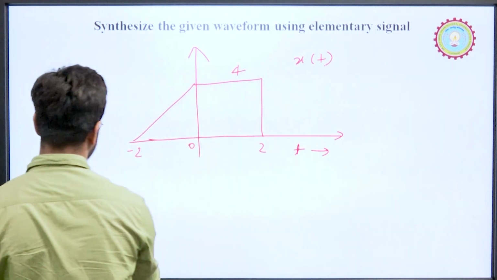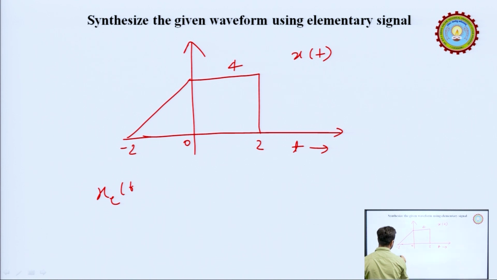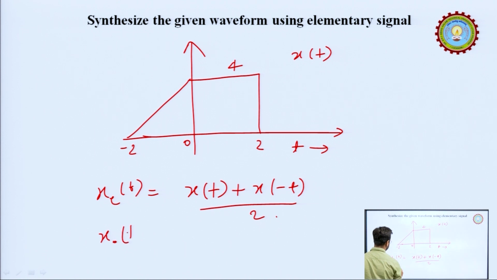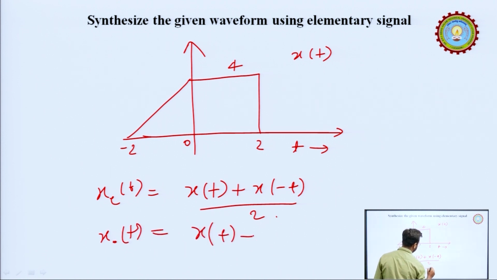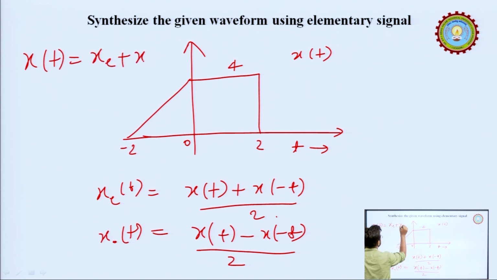So how do we write the even signal? Even signal is x(t) plus x(-t), by 2, and x odd will be x(t) minus x(-t), by 2. So for any signal, finally we can represent x(t) is equal to x even plus x odd.